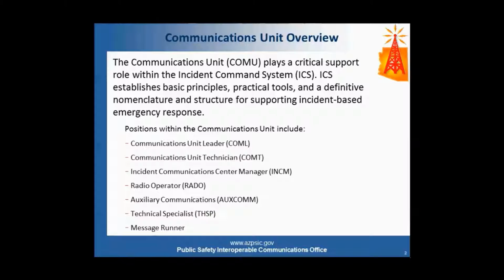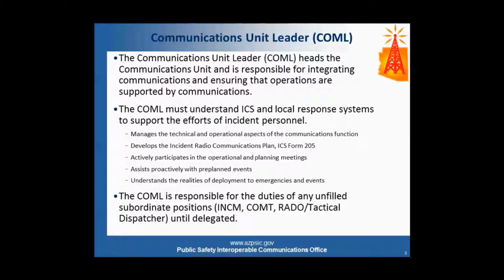This slide particularly speaks of the different positions that are in a communications unit, and I'll be speaking particularly to the first two, the COML and the COMT. The communications leader is in charge of the communications unit and responsible for integrating all of the communications and ensuring that the operations are supported.